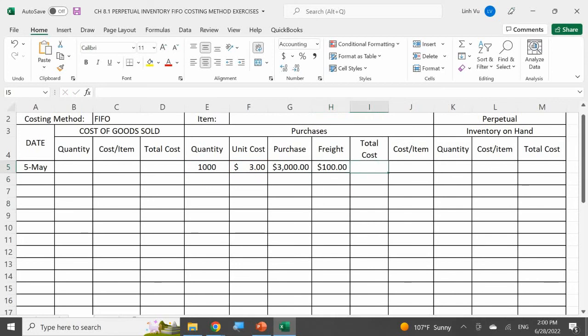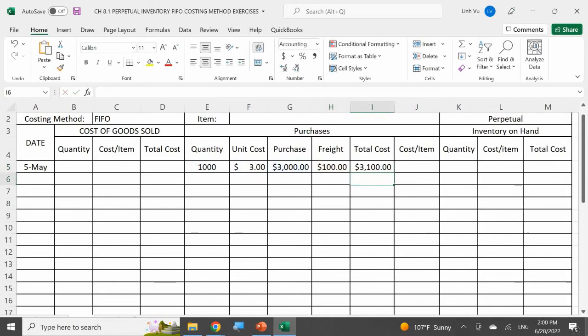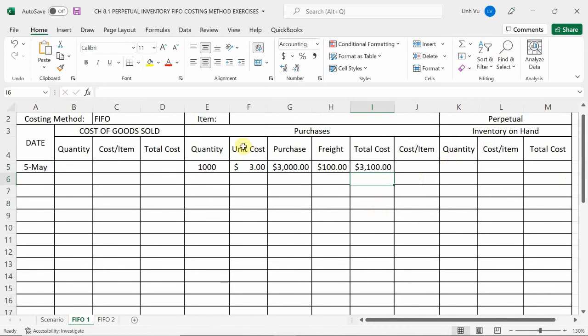What's my total cost? $3,100. You're going to add your purchase price plus your freight to give you your total cost. Now I need to solve for it because we're using FIFO. What is my cost per item? $3.10. You're going to take your total cost and divide it by your quantity.